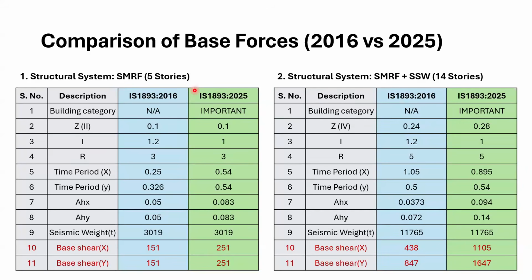The immediate difference we see is the rise in the base shear. It is double because earlier that Z by 2 is now only Z, that difference is immediate, and the design of the members also is affected.